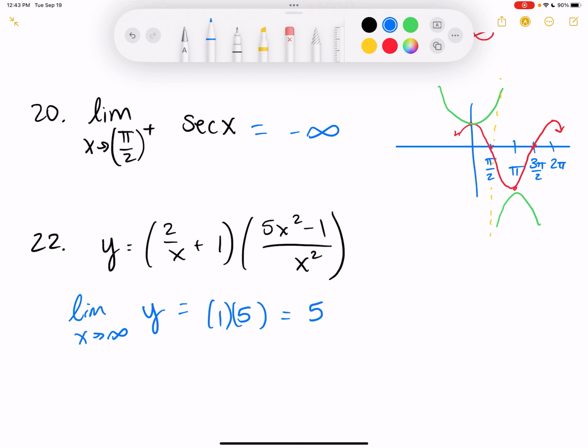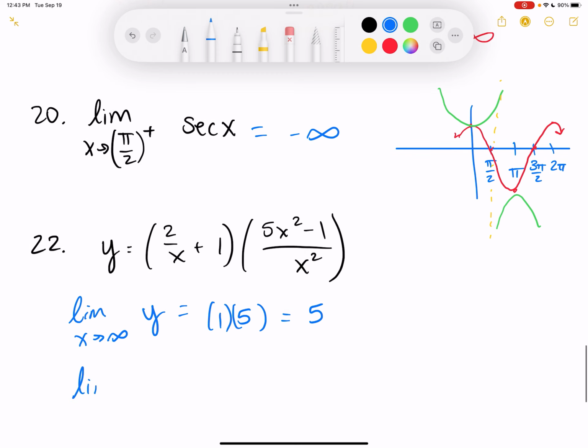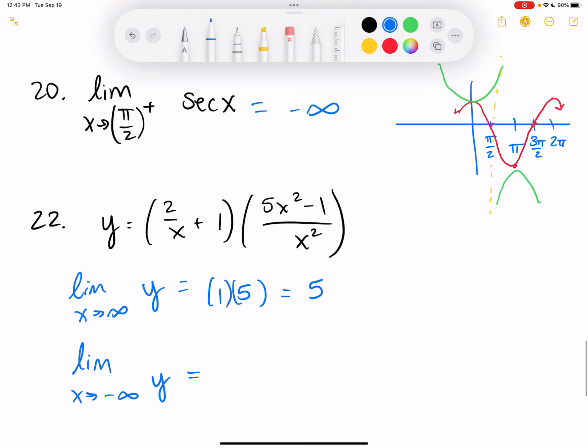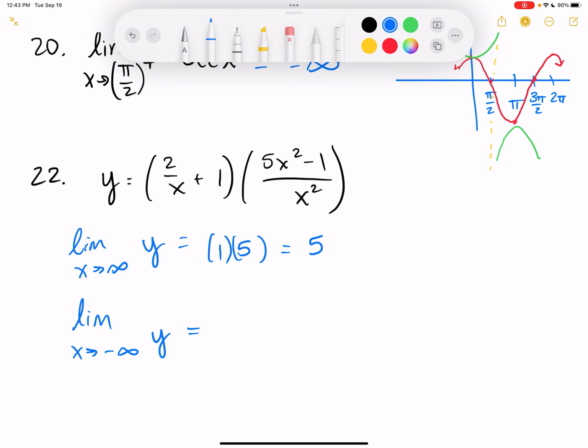And then the limit as x approaches negative infinity of y. So basically some really big negative number. What's happening? It's going to be the same, because 2 over negative 500 is negative, but it's a negative number that's almost 0.